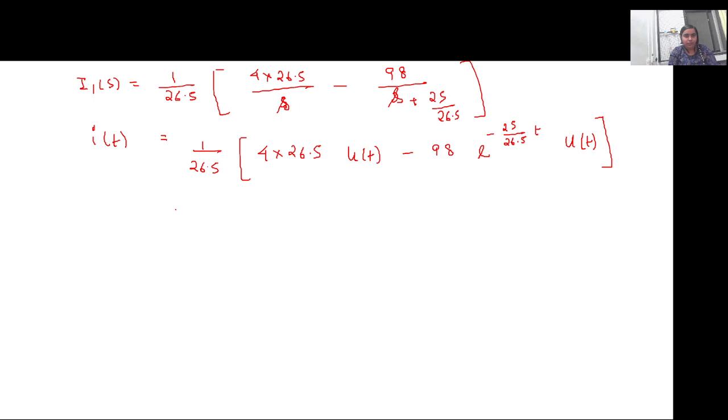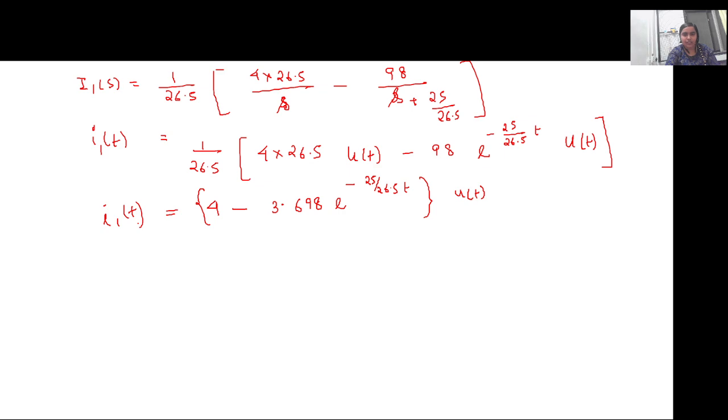So we take 26.5 inside, it becomes 4 minus 98 by 26.5, it is 3.698 into e to the power minus, we'll calculate this later, 26.5t whole u of t. So this is the expression of I1 of t.